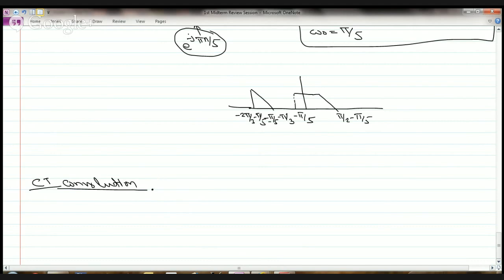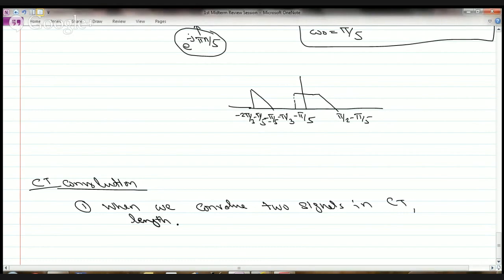One of the few things you should remember in this class from 345 are some of these tricks. I'm just using this opportunity to convey some of the basic ideas. When we convolve two signals in continuous time, let's call y of t equal to x1 of t convolved with x2 of t.